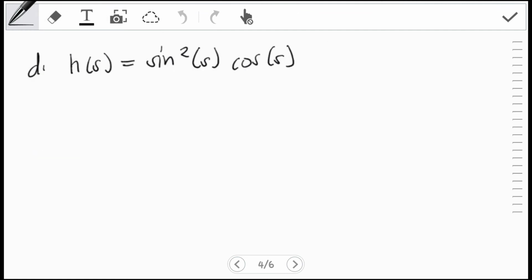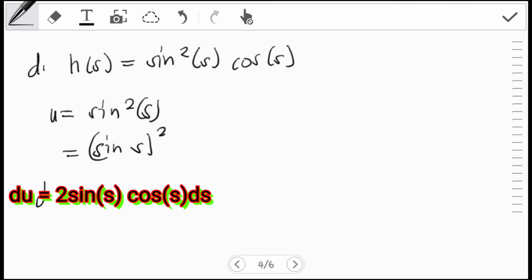So what is the first derivative of h, a function of s, equals sine squared s cosine s? Okay, so let u be sine squared s, or sine s to the power 2.